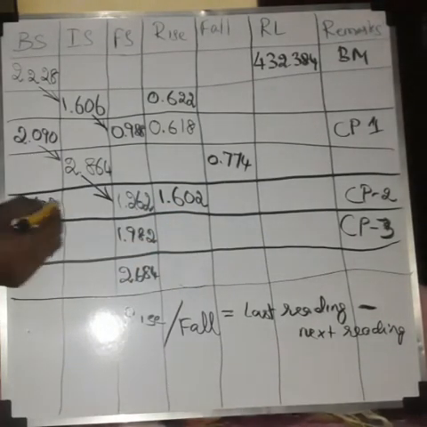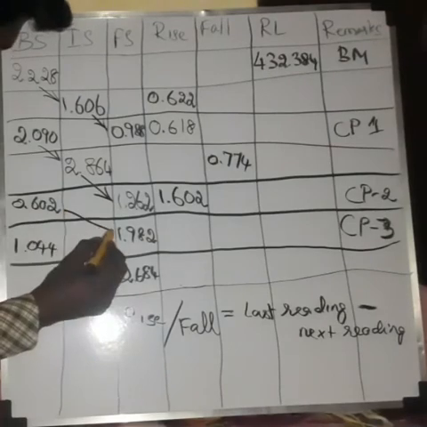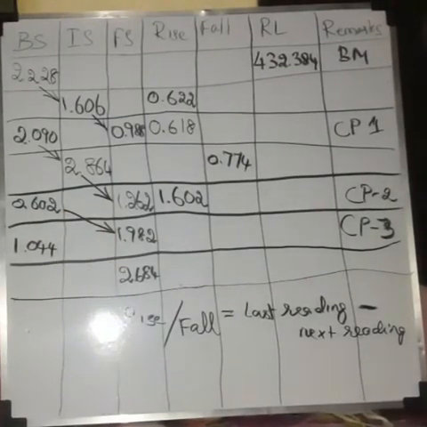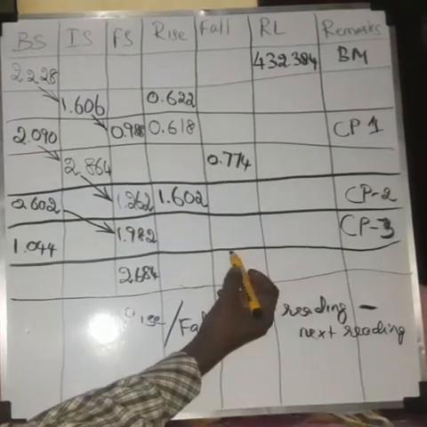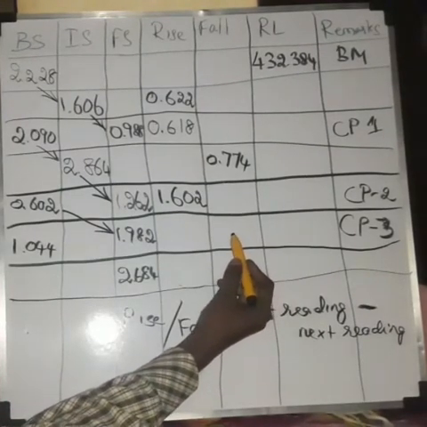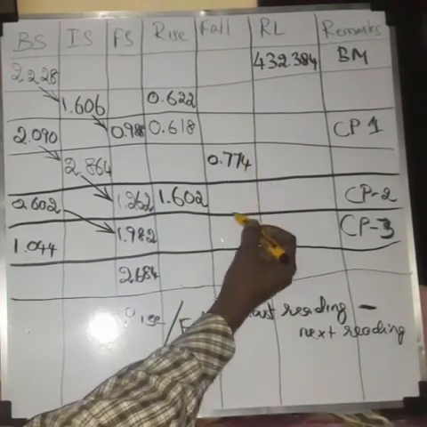Next, the difference between these two: 0.602 minus 1.982 is equal to minus 1.380. The difference is negative, so I entered the value in the fall column.